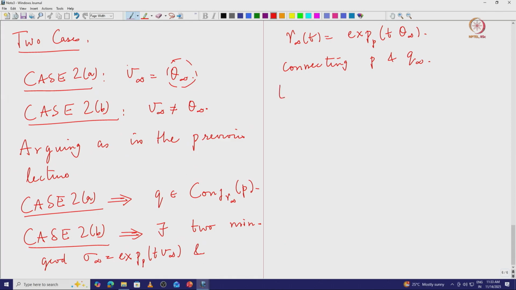So, in either case we see that q_infinity is a cut point by the lemma. Okay. So, that completes the proof of the first part.